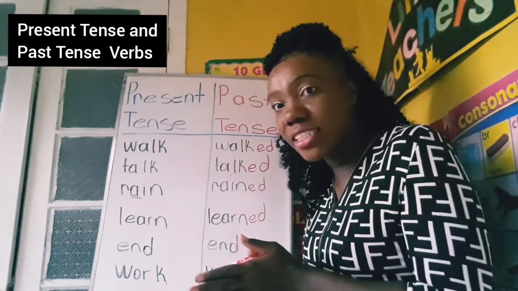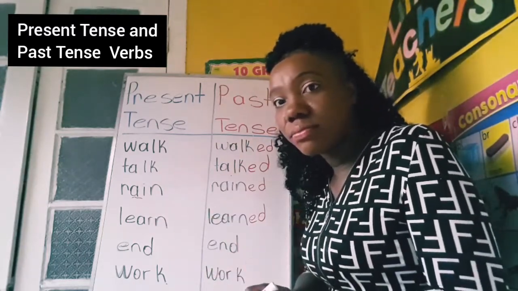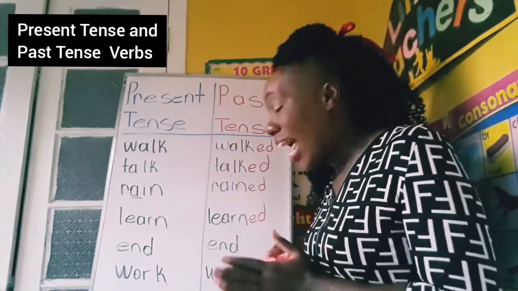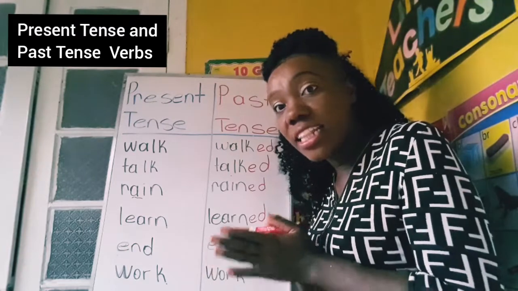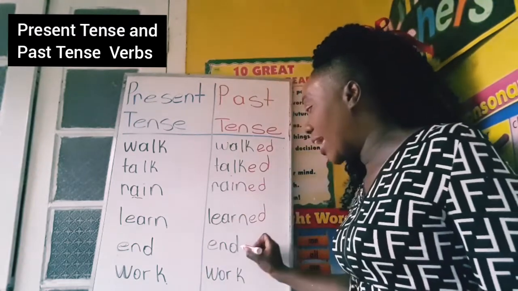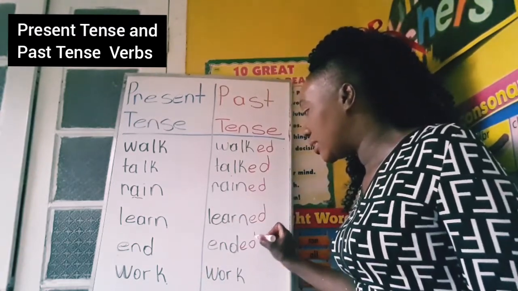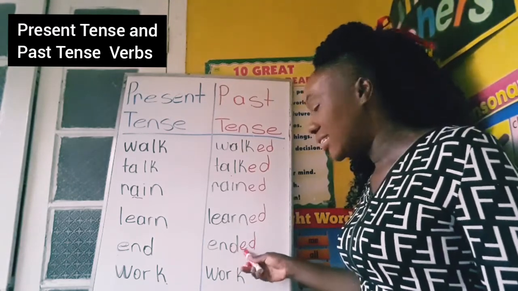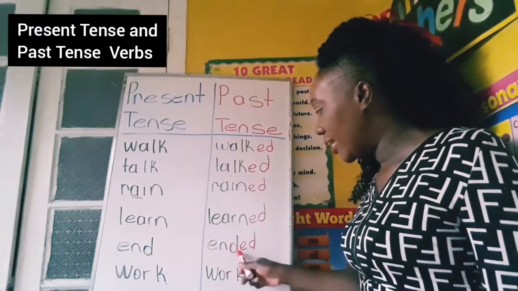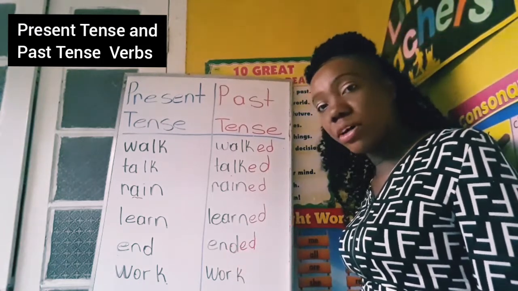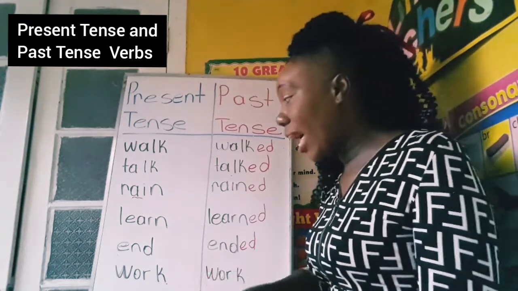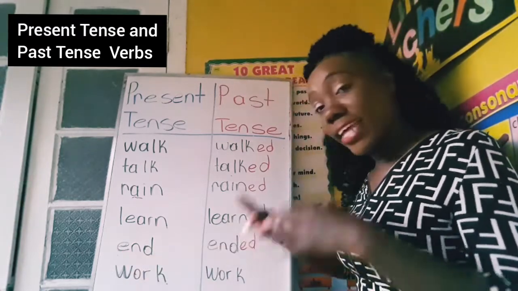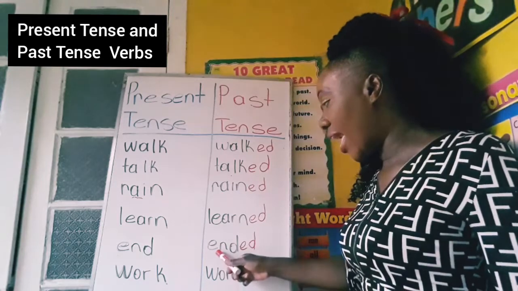So the story ends right now in the present. But last week or yesterday the story ended. Ended. That's how it is pronounced. So right now the story ends, and yesterday it ended.